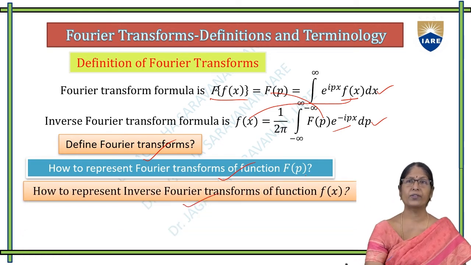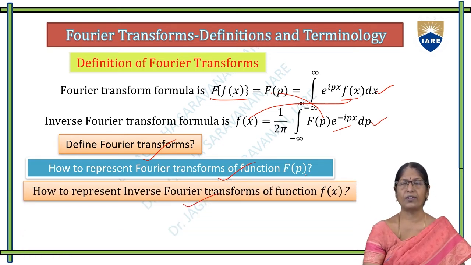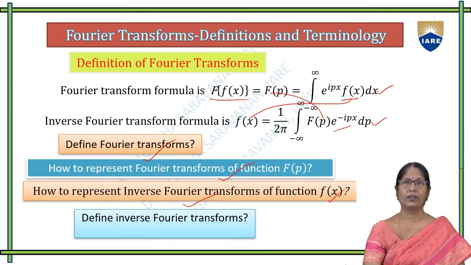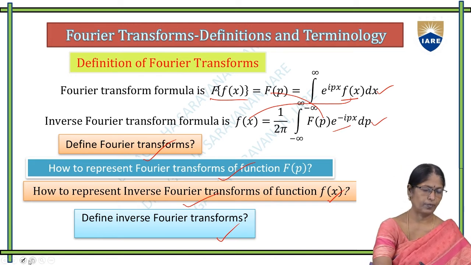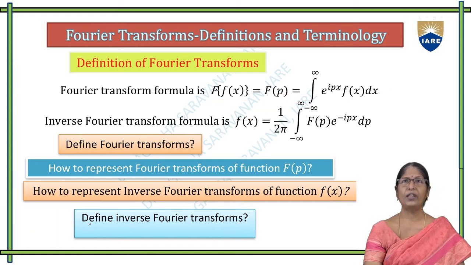Next, how to represent the inverse Fourier transform of function f of x. Define inverse Fourier transform. So if the questions are asked in a different way, we are able to write it from what we have discussed.